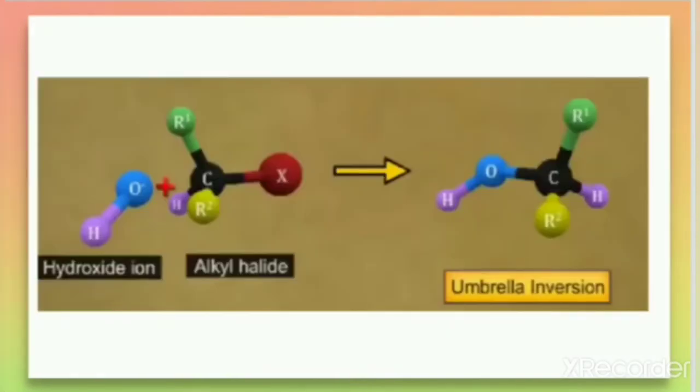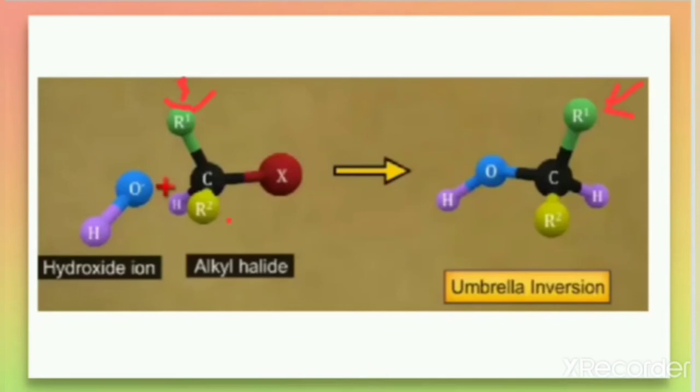Here a nucleophilic substitution reaction is taking place, but when you compare this reactant and product, you can find that when OH, the nucleophile, is substituted, at that time the configuration gets changed. When you check both structures, you can find that the position of R, which is here in the reactant, is now on this side.